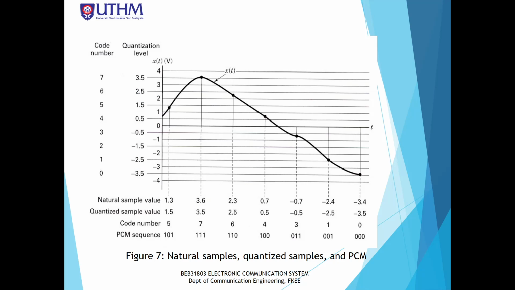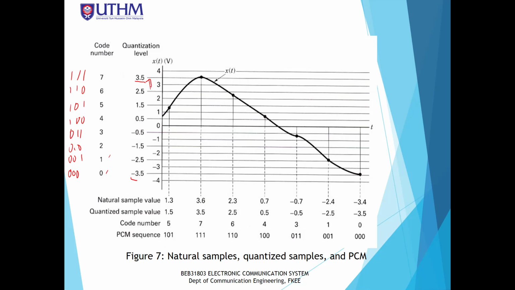Ini contoh from here 0, 1, 2, 3, 4, 5 until 7. So kalau kamu lihat di sini adalah 000, 001, 010, 011, 100, 101, 110, 111. Okay, so value-nya adalah between negative 3.5 and also 3.5.